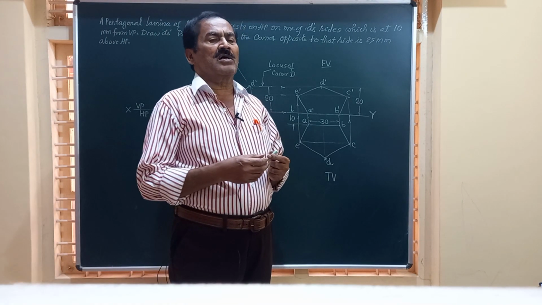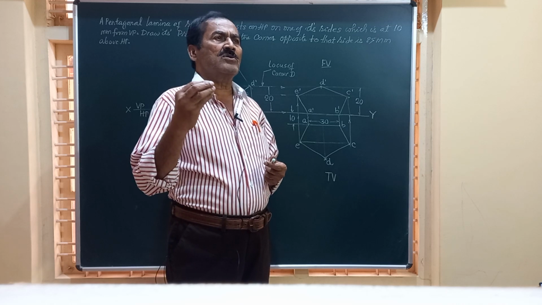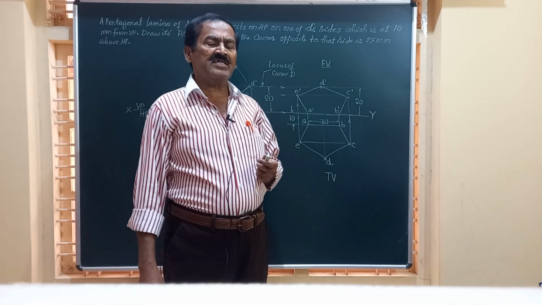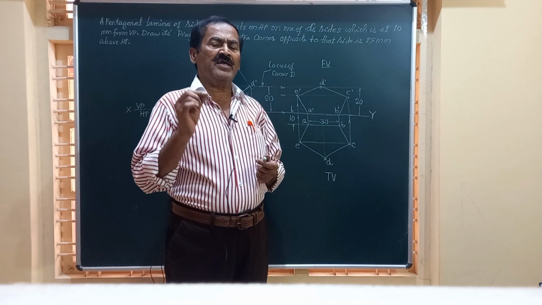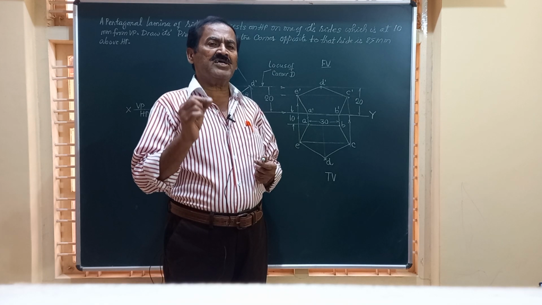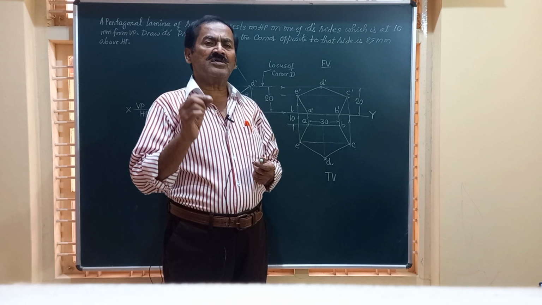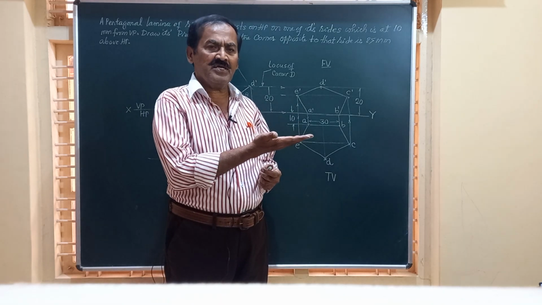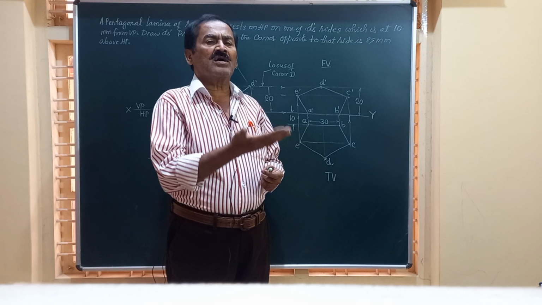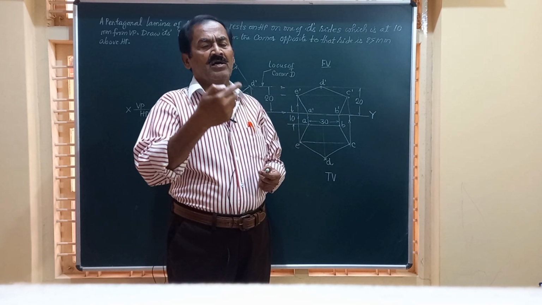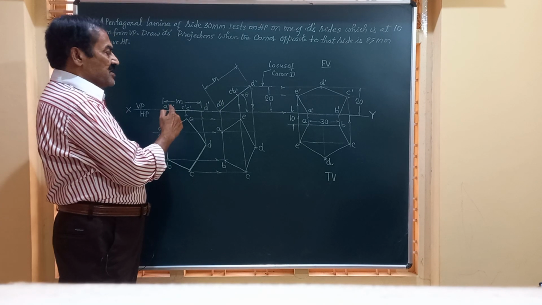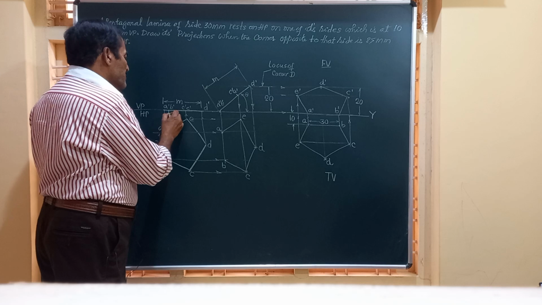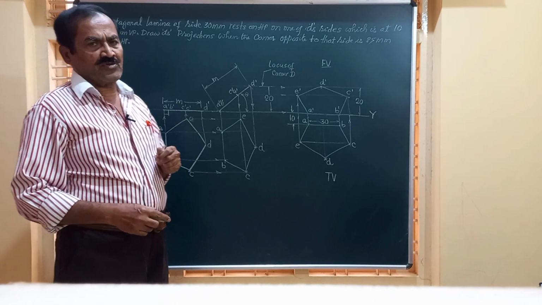Here, I have given the instruction in most of the previous videos on the laminae or the plane surfaces that whenever a lamina has to rest on one of its sides on HP, you have to place the lamina on HP such that one of the sides of that lamina is normal to VP, or perpendicular to VP, and obtain its projection.